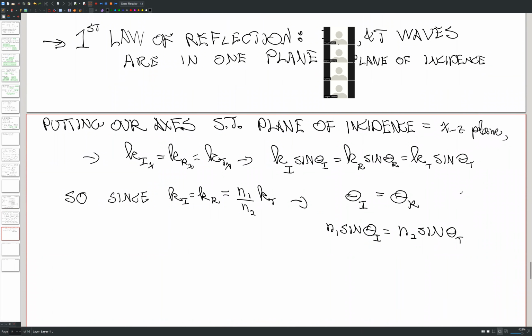So these are the laws of reflection, and this one is Snell's law.